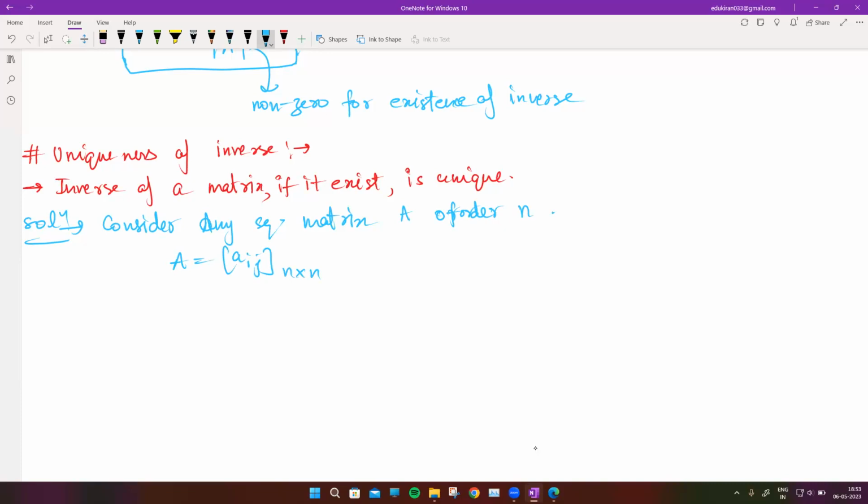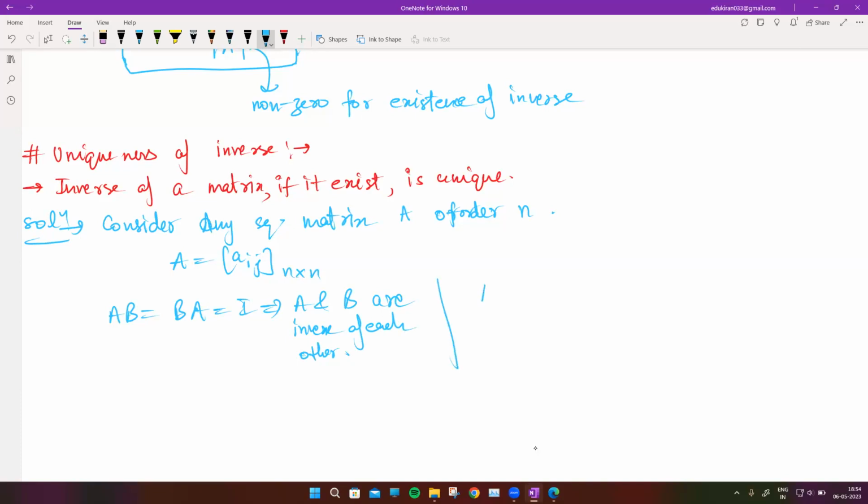And we have to prove that if AB equals BA equals I, what does that mean? That A and B are inverses of each other. So we have found the inverse of A as B, right? So B is the inverse matrix for A here.